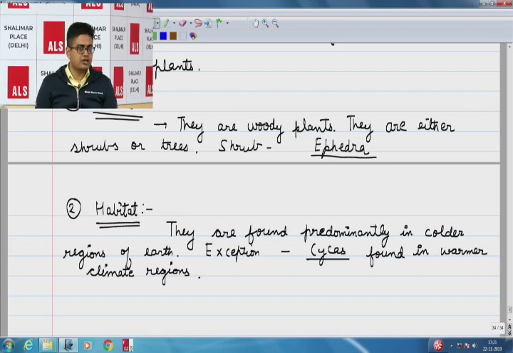So now, can you tell me why there are fewer angiosperms in very cold regions? Why are there only gymnosperms there, like the coniferous forest in the upper Himalayan regions? They have only pinus, deodar, gymnosperm trees only. Why?